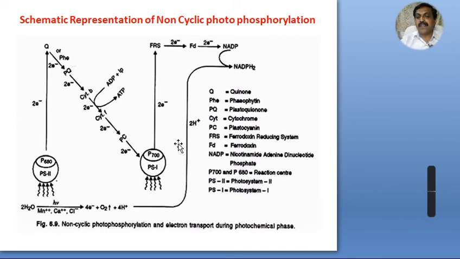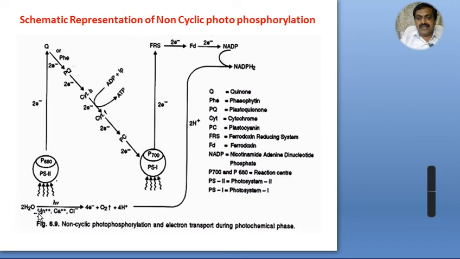Non-cyclic photophosphorylation. At the same time, here the NADP accepts electrons. Electrons of P700 pass through FRS and FD and are accepted by NADP. How does it get reduced? For the reduction of NADP, it requires hydrogen. So here it comes.